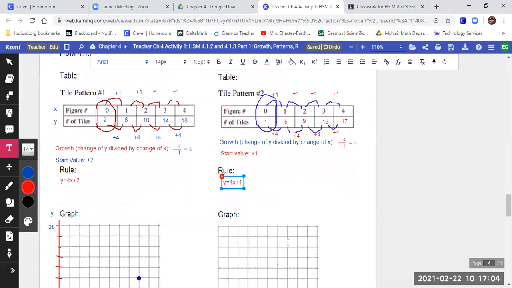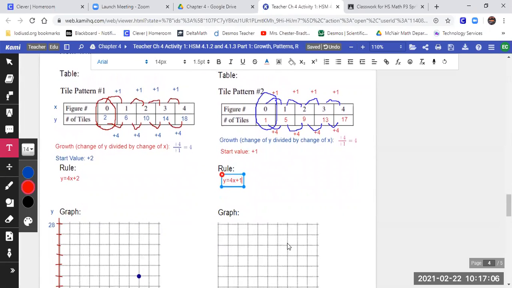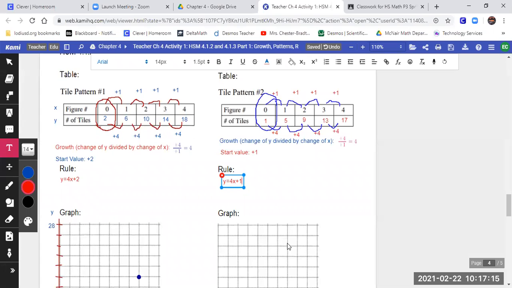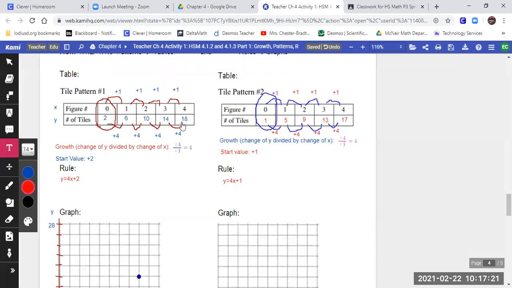Okay. Again, do I have any negatives? In my x's and y's, remember my top level here. This is my x.